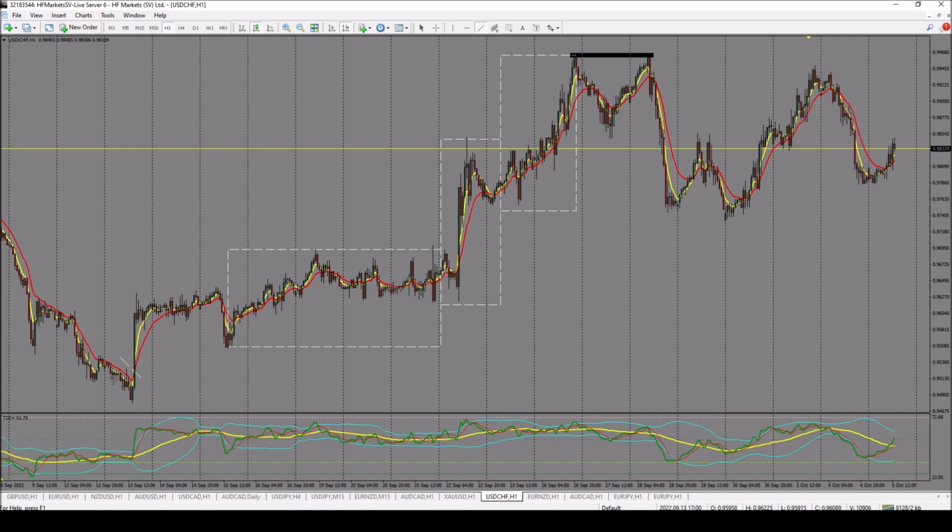We had a crossover for this first leg and then a crossover for this second leg. Although the second leg was a bit lame, a shorter leg than the first leg. However, this was the first impulsive rise, then the second impulsive rise, the third impulsive rise. At the third level, that is where we expect to see a proper pattern, right?